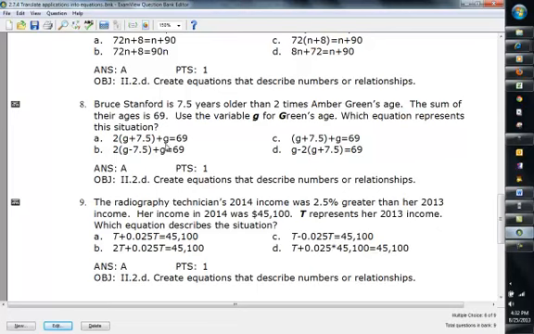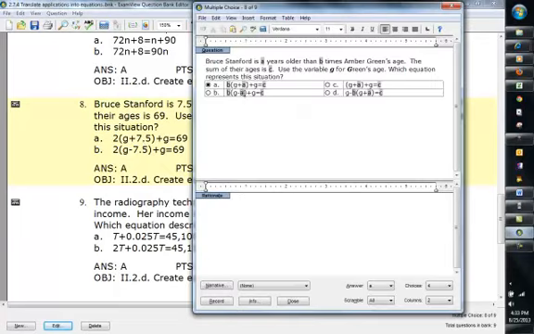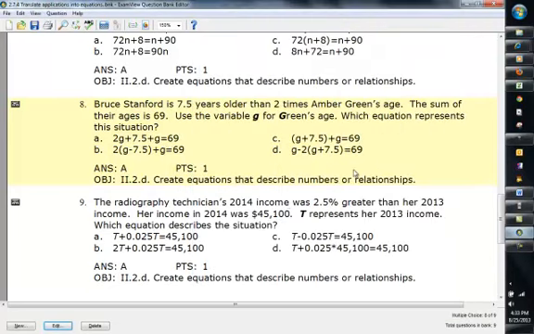So Green's age plus, now it says Bruce is 7.5 years older than twice Amber's age. So 2G plus 7.5. Yeah, that one's not right. This should be 2G plus 7.5. There we go. Plus G is 69.